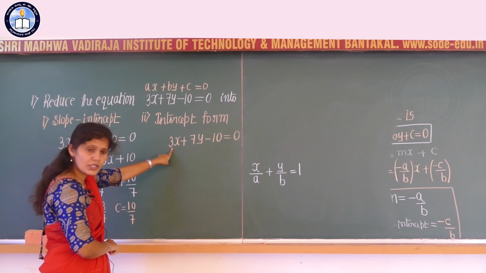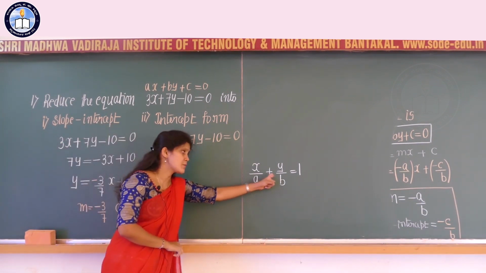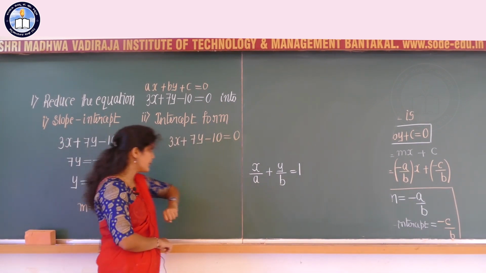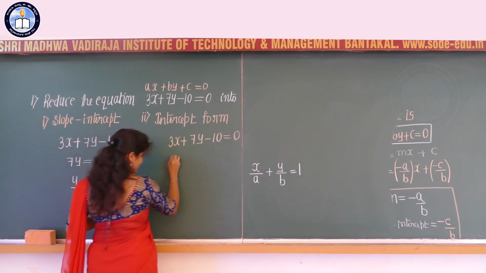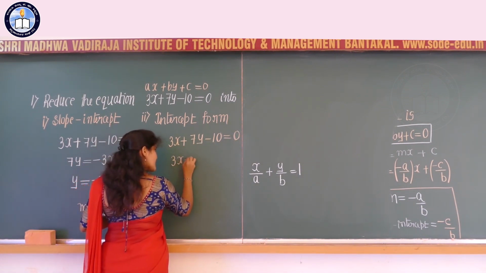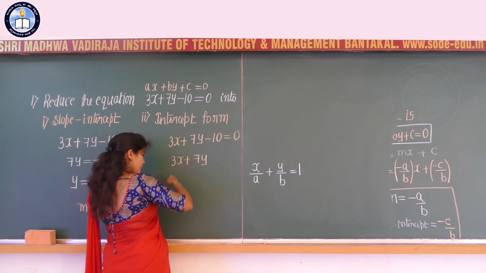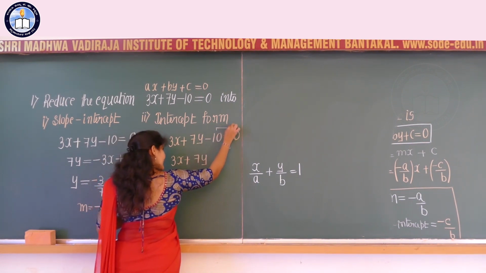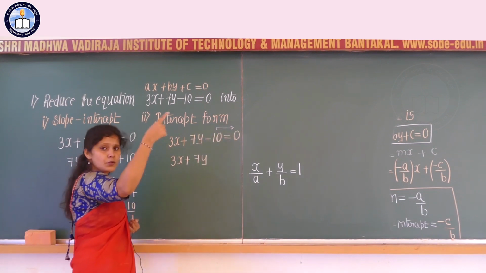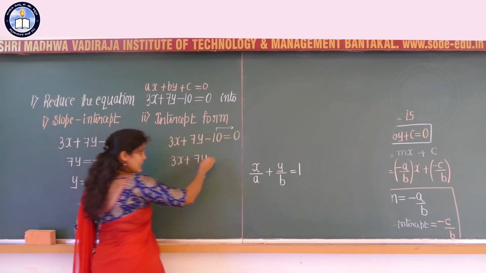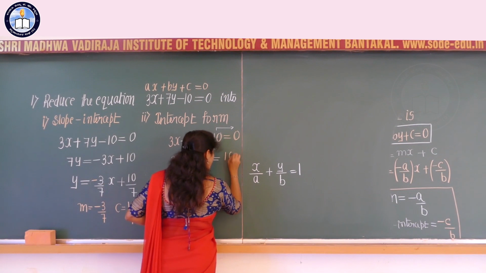So this equation I should write in the form of x by a plus y by b equal to 1. How to continue? I'll write the terms 3x plus 7y on the LHS itself, minus 10 to the right hand side. When minus 10 goes to the right hand side, that changes sign, which is equal to plus 10.